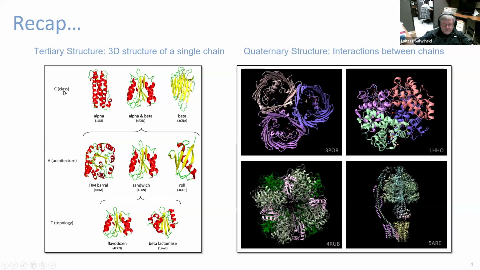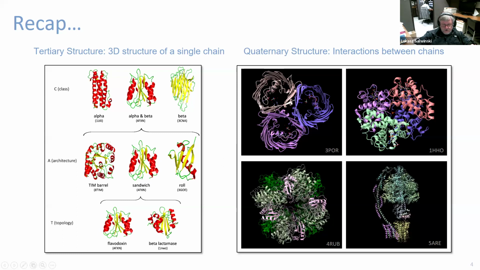This specifies the so-called class. First, we look at which types of secondary structural elements show up. You have a group of proteins composed mostly of alpha helices, a group of proteins composed mostly of beta sheets, and then there are architectures where those occur together.